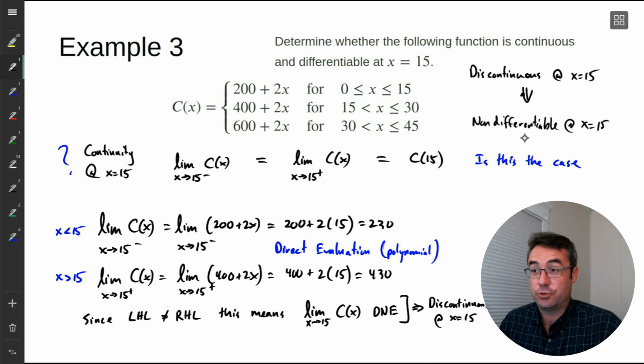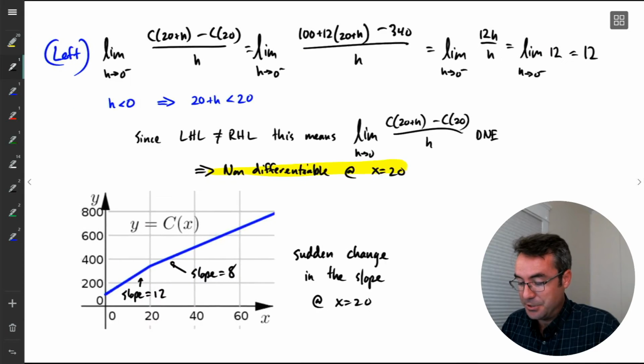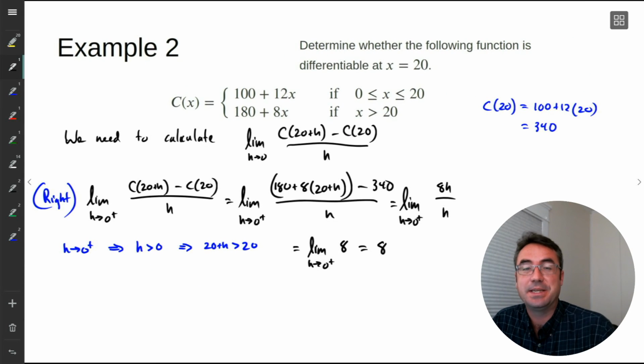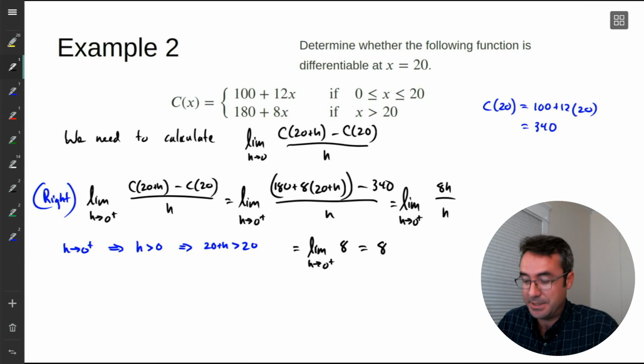We could try it. If you really wanted to, you could do something similar to what we did in example 2, where we actually try to calculate this derivative limit. So you'd break it up, do the right side, do the left side. But what you would find is that this limit didn't exist either.